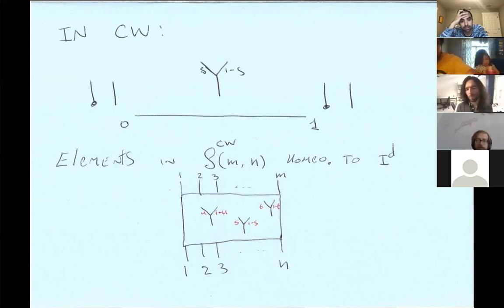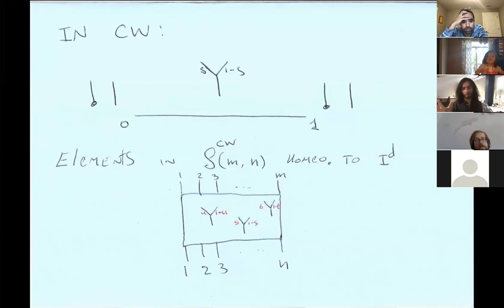Now, one of the reasons why one can say that maybe this properad has better properties with respect to cubical things is that each of these elements is itself homeomorphic to a cube. So the dimension of the cube is the number of occurrences of the product inside of it.